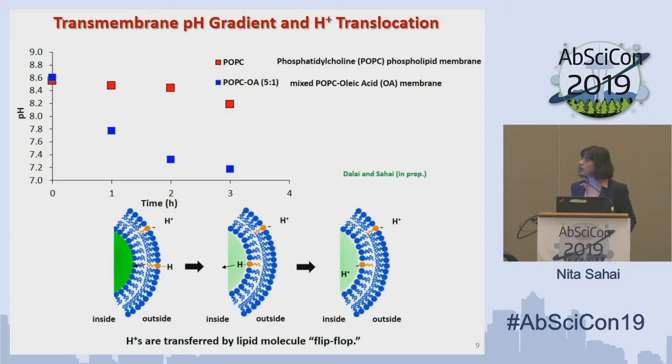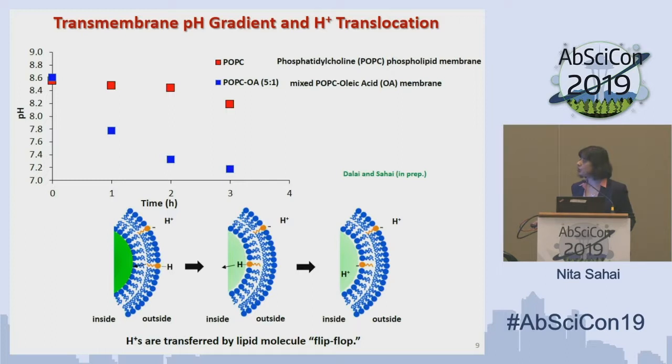So what's happening is that the protons are getting carried in from the outside, where the protons were generated by, remember the serine, when it is oxidized, it produces the protons. So the outside of the vesicle is getting acidified, and that pH gradient is being maintained in the case of the POPC vesicles, but it dissipates over a period of 3 hours because the fatty acids shown by these orange molecules here do this lipid flip-flop.